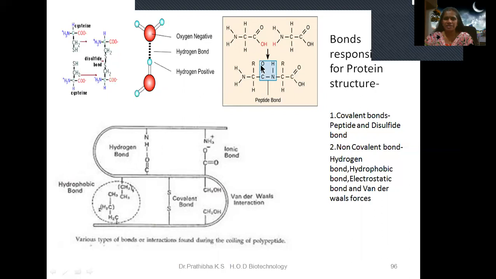And here we can see the formation of the peptide bond with the condensation process, with the elimination of a water molecule, C double bond O NH. In this representation, you can see all the bonds: hydrogen bond, ionic bond, hydrophobic bonds, disulfide covalent bond, and also van der Waals interactions or forces.